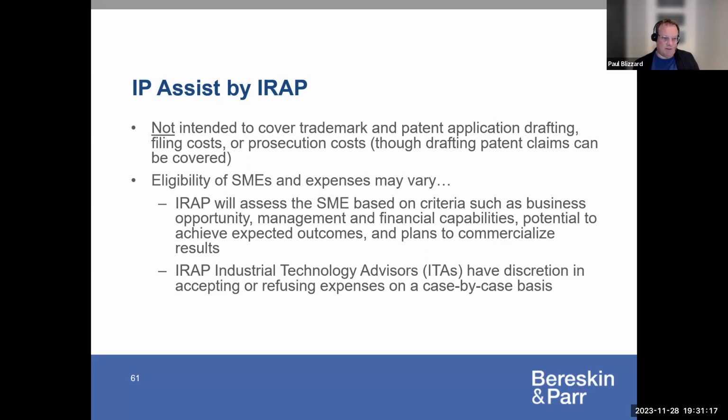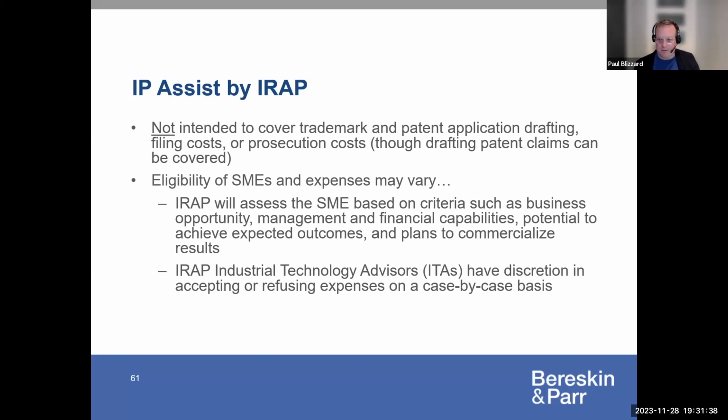Part of this is you have to get into IRAP itself. IRAP has a set of portfolio companies, and you have to get accepted as a portfolio company. When that happens, you get assigned an ITA, which is an industrial technology advisor. They are kind of like mentors, industry advisors who have been there and know where you're going.